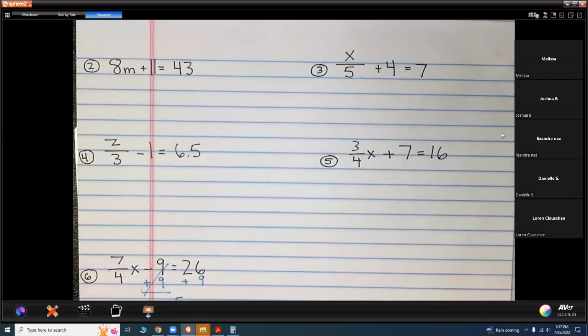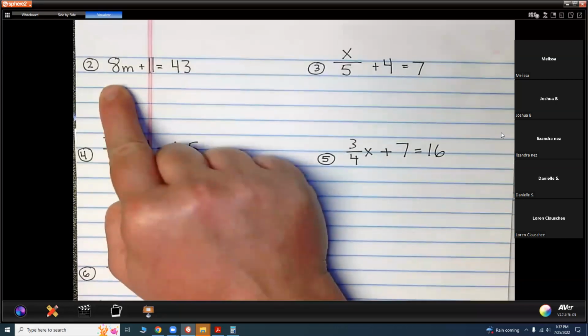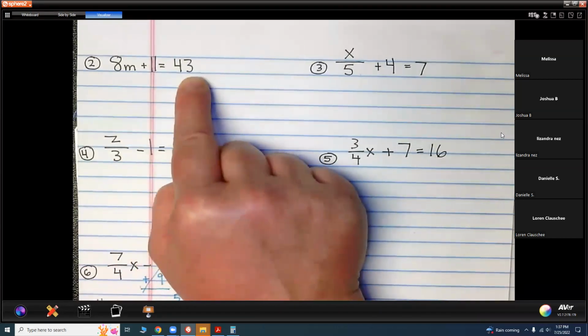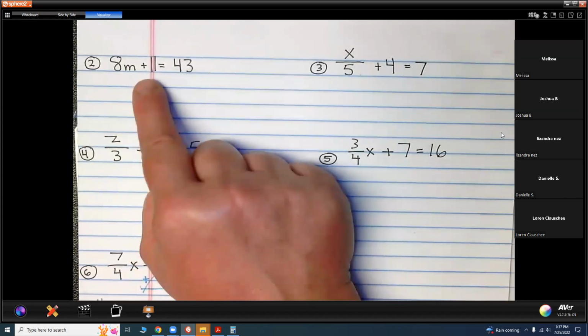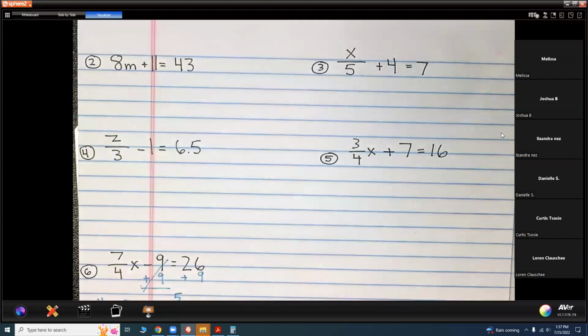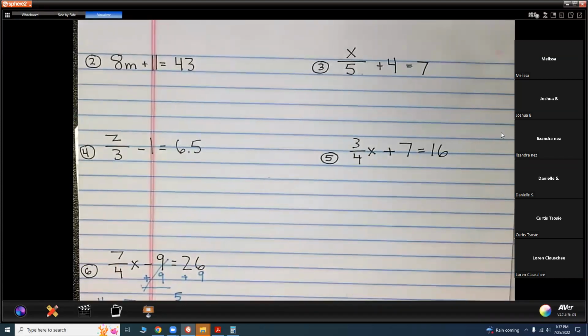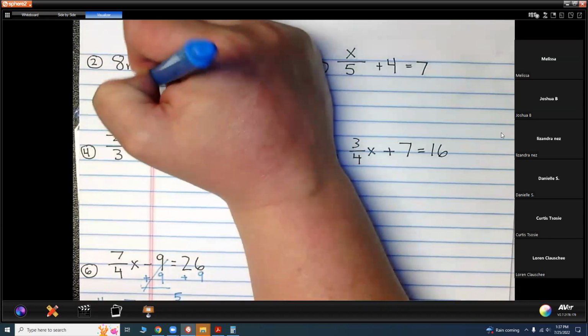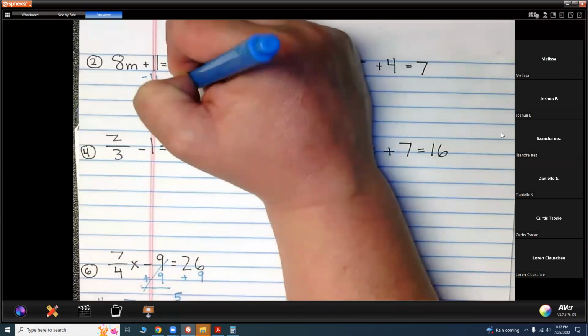Okay. So as we talked about, we have our equation, 8m plus 11 equals 43. So we start with whatever's being added or subtracted, so that's our first step. The opposite of adding is subtracting, so I need to subtract 11 from both sides of the equation.